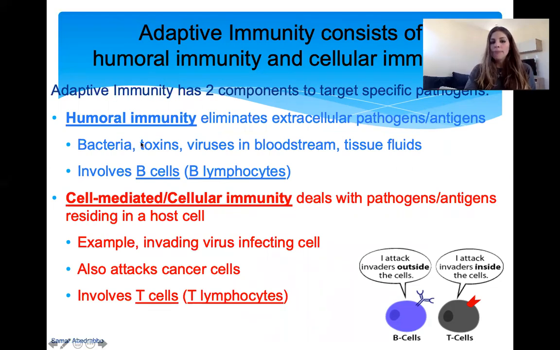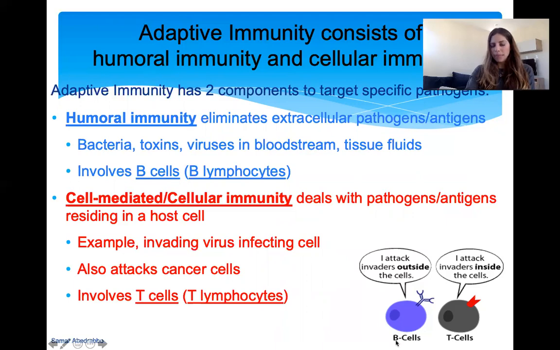Humoral immunity eliminates extracellular pathogens. So this is anything that's floating in your blood, different toxins, anything that's not getting in your cells. This is called an extracellular pathogen. And these are bacteria, toxins, viruses in the bloodstream, tissue fluids, anything like that. Humoral immunity involves B cells or B lymphocytes.